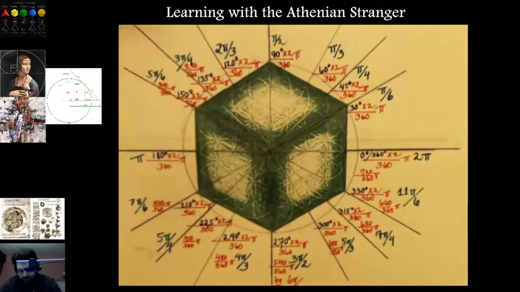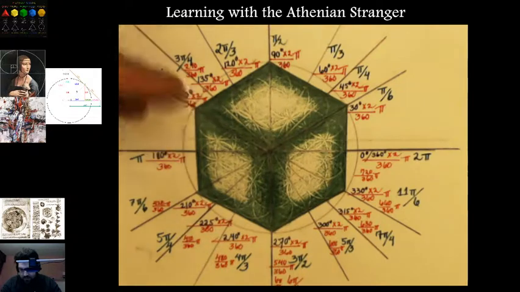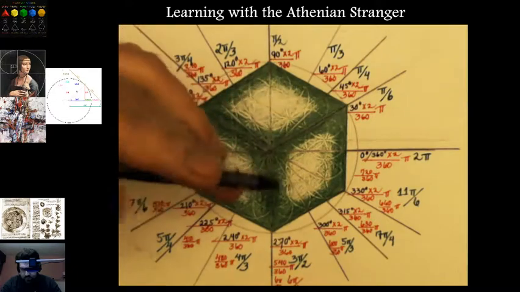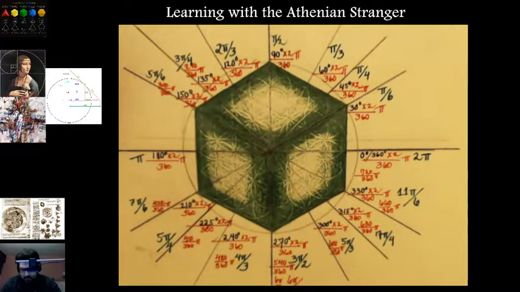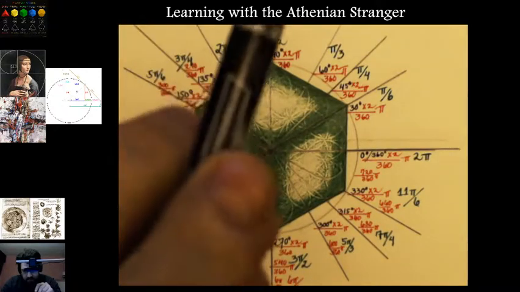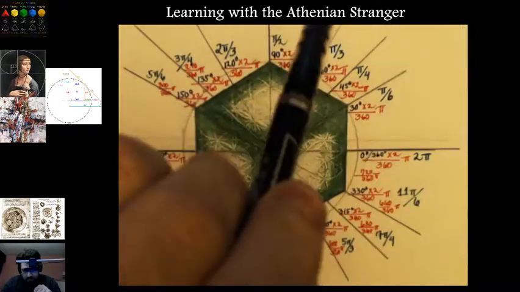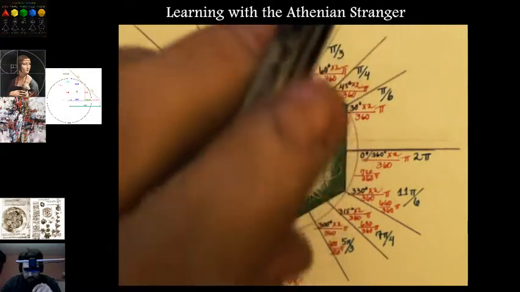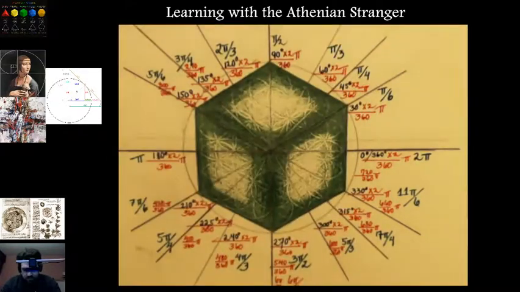One degree times 2 is 2 over 360 times pi. So I've got 2 over 360 times pi for 1 degree. So 1 degree equals 2 pi over 360. And we know that we can reduce 2 over 360 to 1 over 180 times pi.